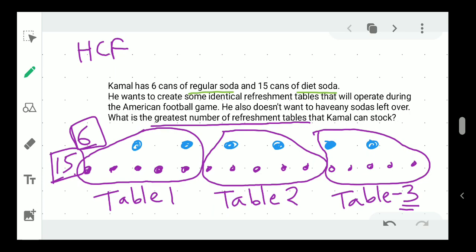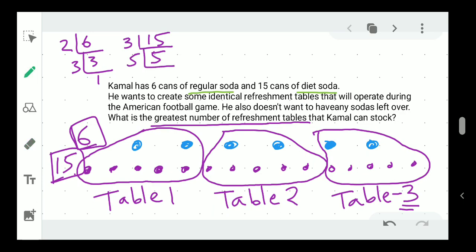So let us see. 6 is 2 into 3, and 15 is 3 into 5.